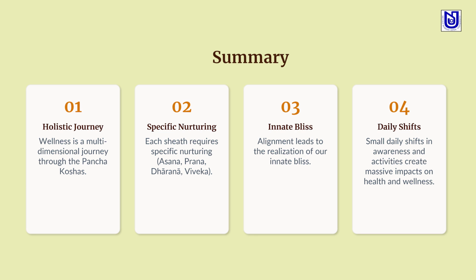This alignment of the koshas leads to the realization of our innate bliss, and also the translation of these practices in our day-to-day lives. The small daily shifts in awareness and activities help create massive impact on health and wellness.